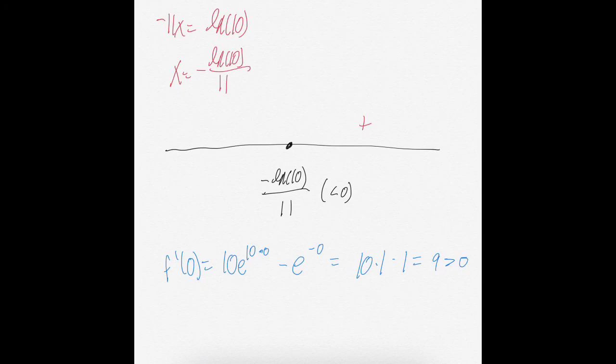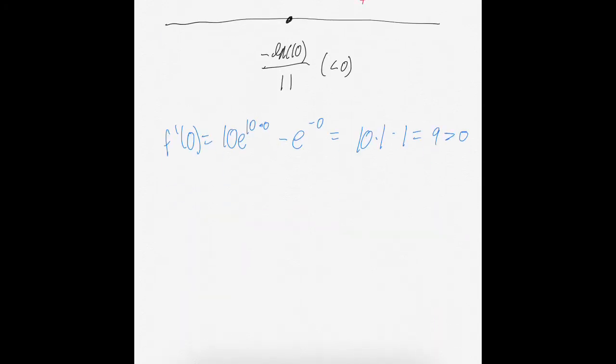And I will be the first to admit that I don't know exactly what that is. But I do certainly know that negative 1 is smaller than that, because ln of 10 is smaller than 10. And how do I know that? We'll just raise e to both sides, and you will see that 10 is certainly smaller than e to the 10th.